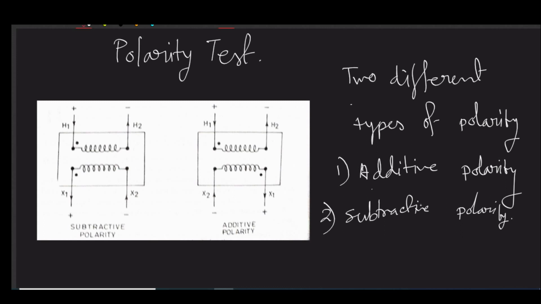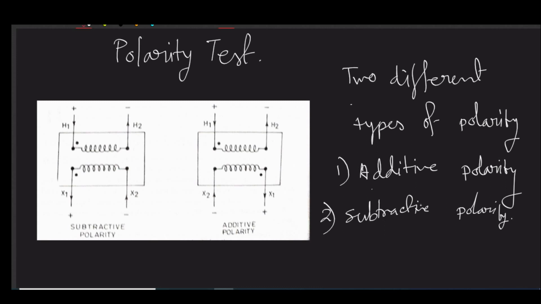If you remember, I always mentioned in my previous video that the direction of current only depends on how you wind your winding on the core. It doesn't depend on anything else. Now, H1, H2 are generally used to mark the high voltage side.